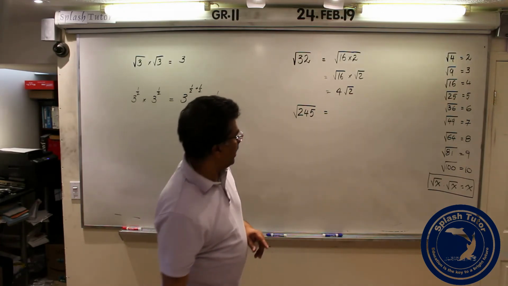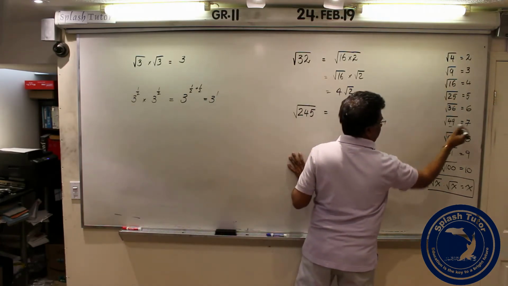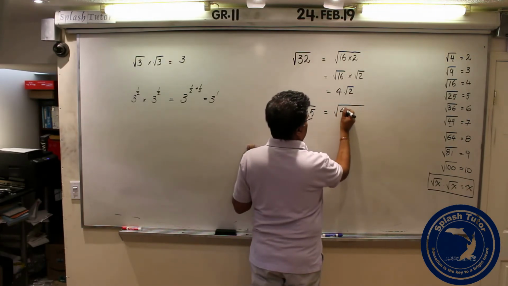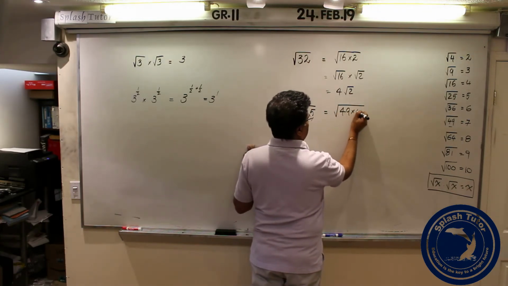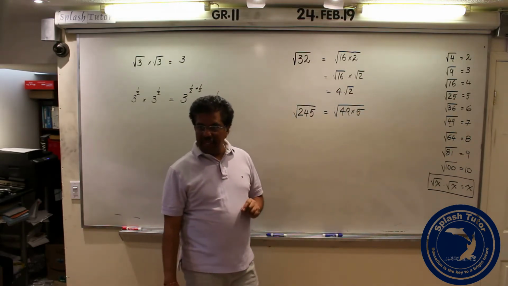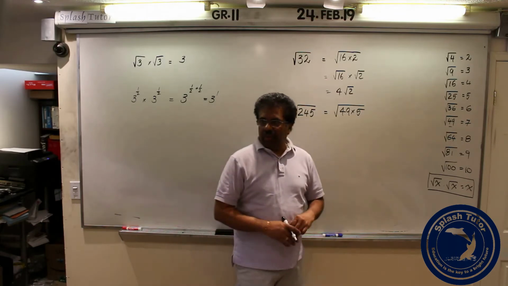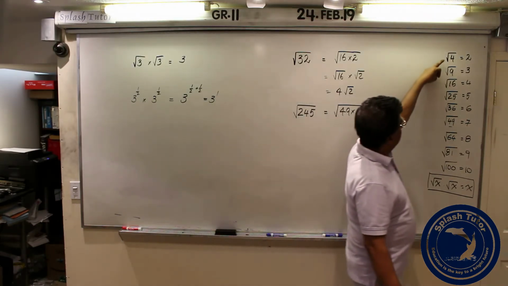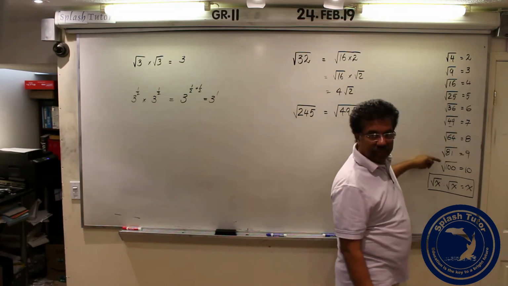So then I need to write, we found it, this can be written as 49 times 5, which is 245. The number we figure out is not just a random number you multiply. Don't write a random number. The number has to be in this selection.